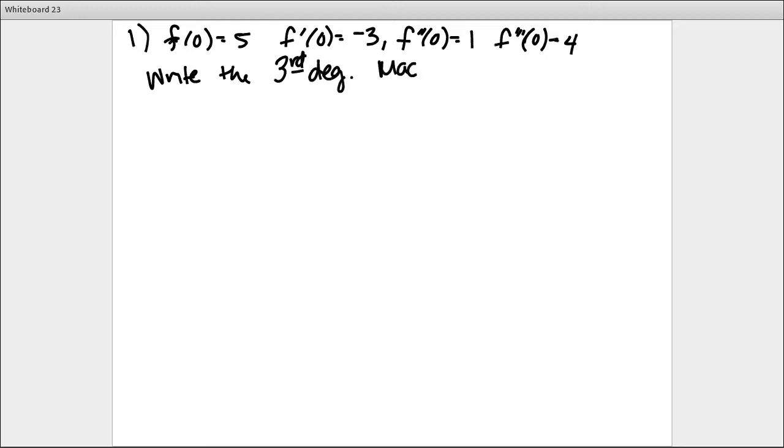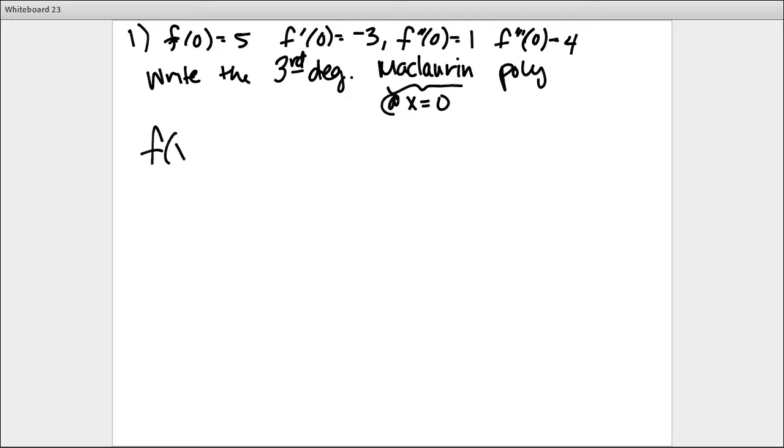Maclaurin just means that you're centered at x equals 0. All right, so polynomial for f. Here's what we know.